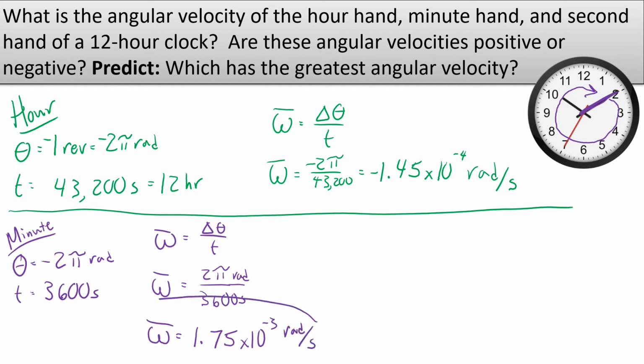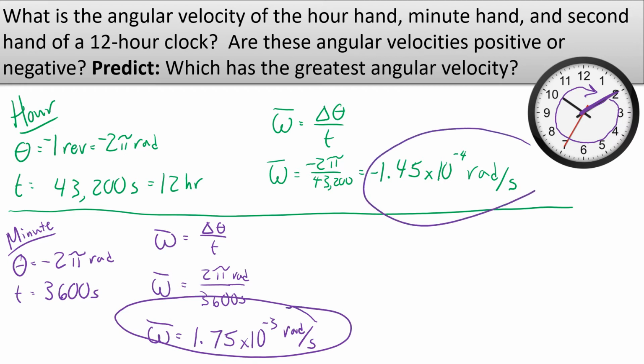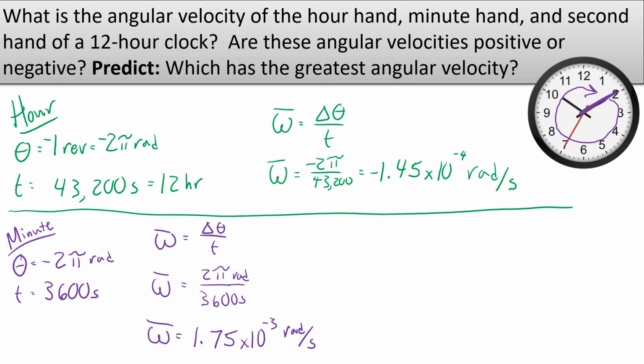So far, the minute hand has a larger magnitude than the hour hand does. See how that's a smaller decimal? So the hour hand is moving slower than the minute hand. How fast is the second hand traveling? So for the second hand, again, we're going around once. How long does it take the second hand to go around once?